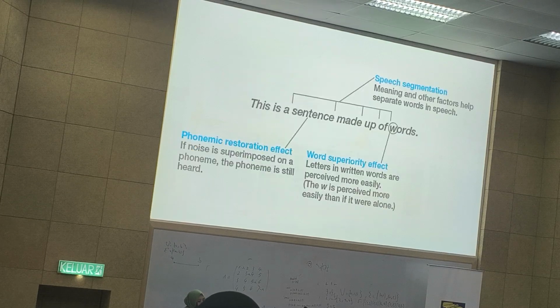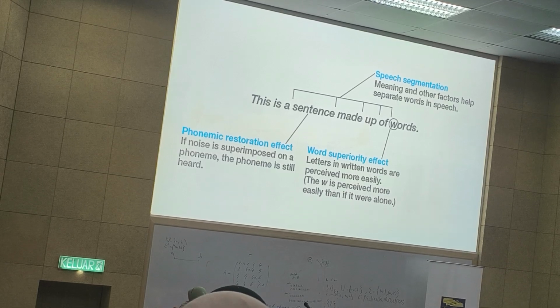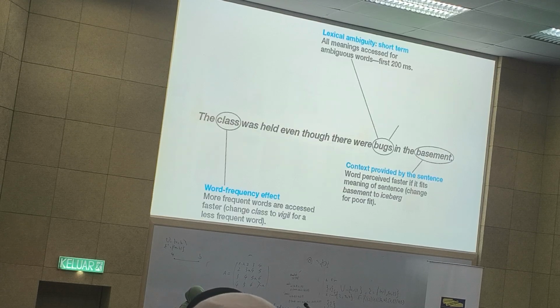Okay, and along the lecture notes, we covered three different things, which is how we understand sentences and words. First, the phonemic restoration effect, the frequency of the words, and how well we segregate speech.